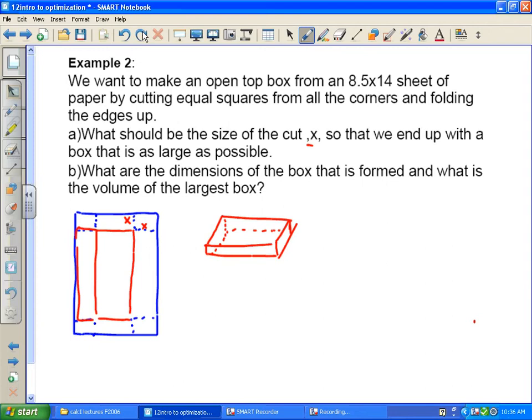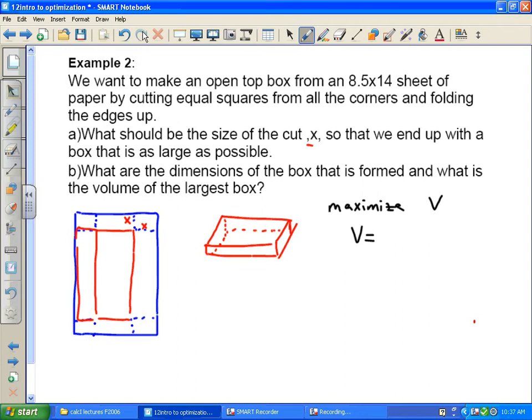So first question is, what is it that we're trying to maximize here? The volume. Largest box means maximize the volume. So we want to maximize volume. Now, volume, we need to write an equation for it. And the only thing we know is really the outside dimensions of this paper.